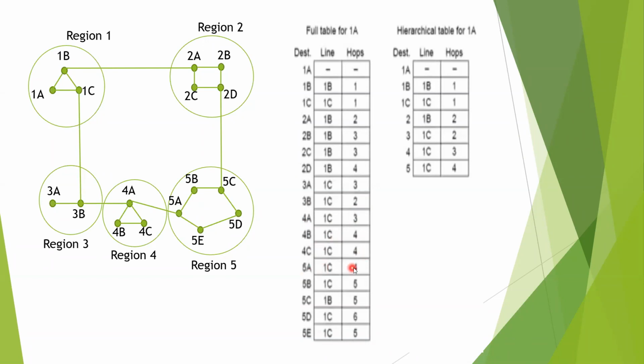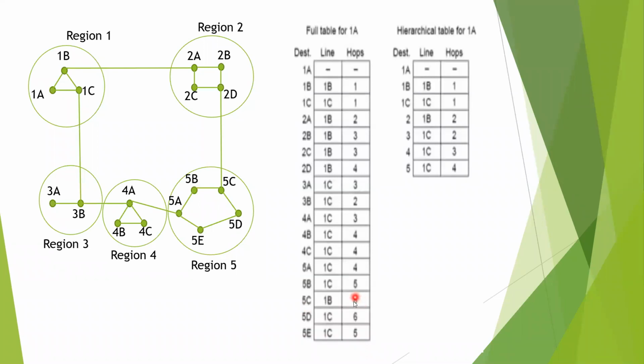If I want to reach 5A through 1C, then it will take 1, 2, 3, 4 hops. Similarly, to reach 5B, I will take 5 hops. 5C, I will take 5 hops. Then here 5D, how many hops will I take?